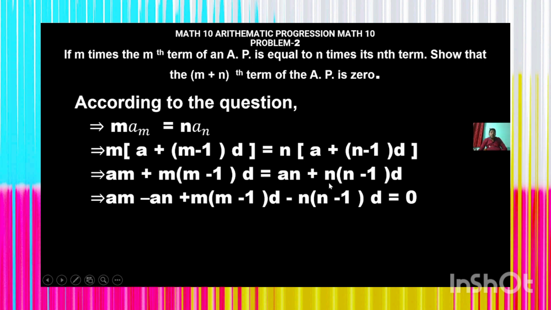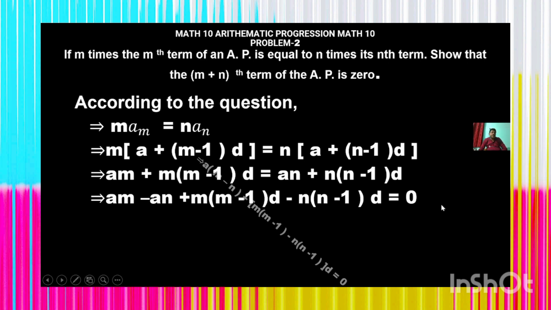Again, n into (n minus 1) d on the right side is transposed to the left hand side, so it will be minus n into (n minus 1) into d. Thus we get a m minus a n plus m into (m minus 1) into d minus n into (n minus 1) into d is equal to 0.